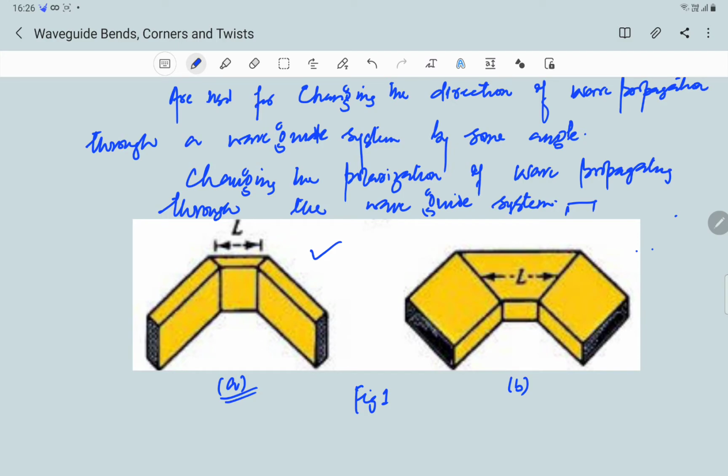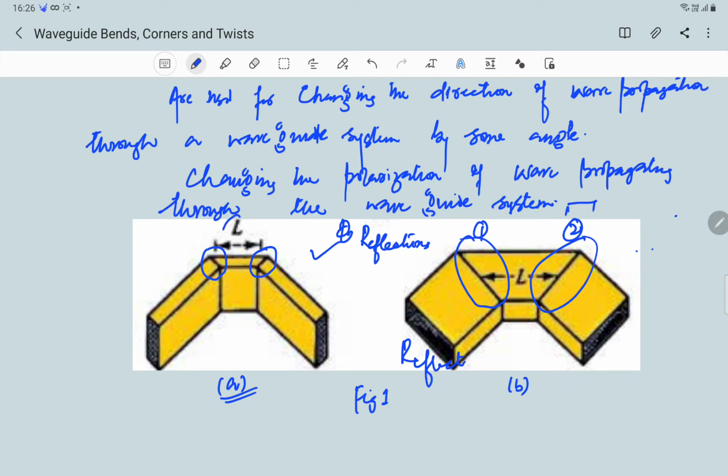What we intend to do is, from these discontinuities, decrease the losses, decrease the reflections.